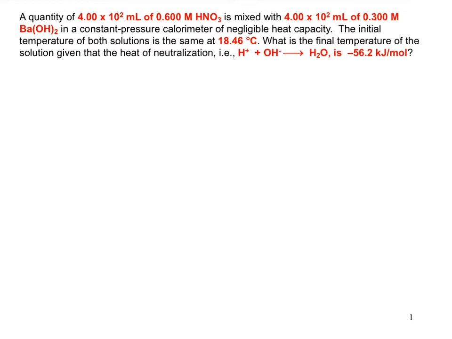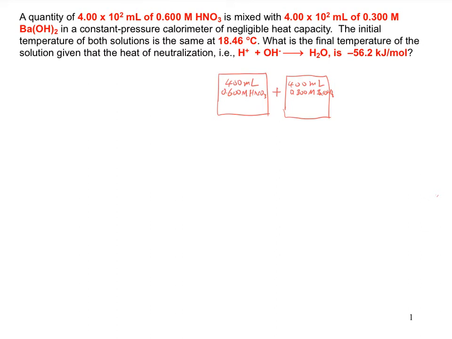What's happening here is a 400 milliliter 0.600 molar nitric acid solution is mixed with another 400 milliliter, excuse me for the stick figures, just for ease of writing, another 400 milliliter of 0.300 molar base, barium hydroxide.